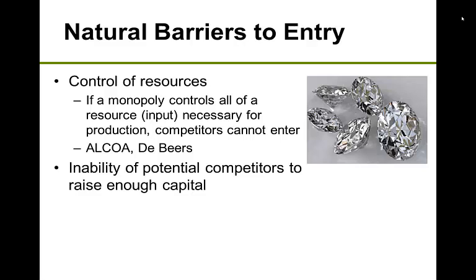Alcoa basically bought up all of the bauxite mines in the world and had a monopoly. De Beers, also back in the early 1900s, bought 90% of the diamond mines in the world. So De Beers basically had a monopoly on diamonds.